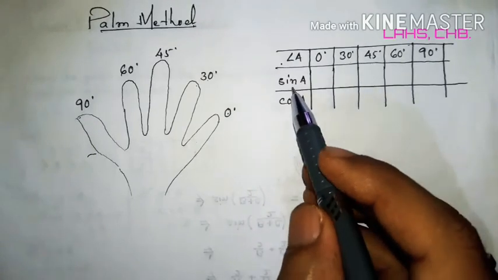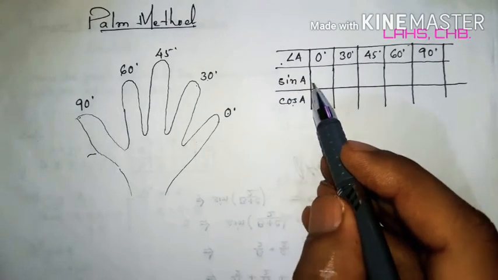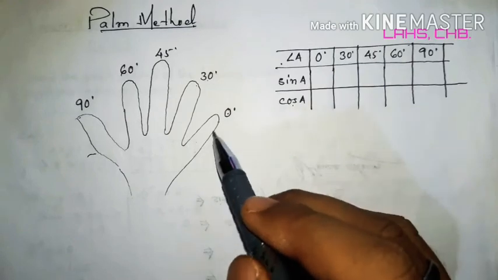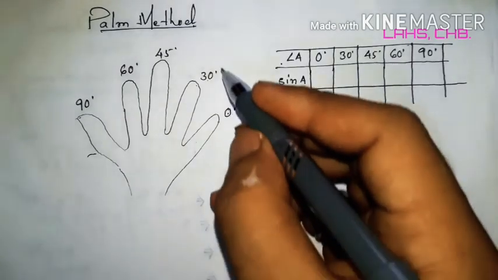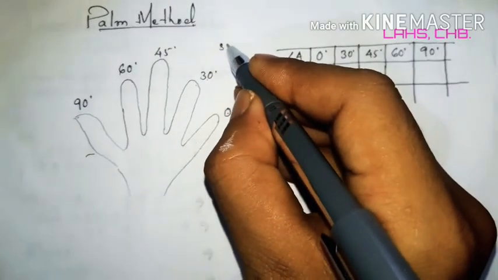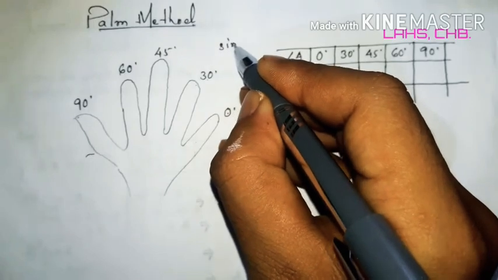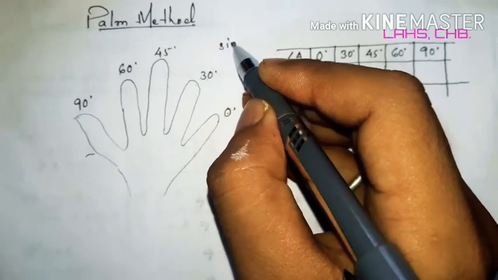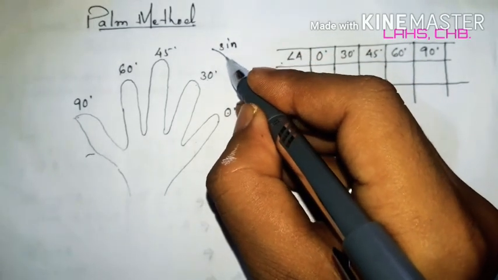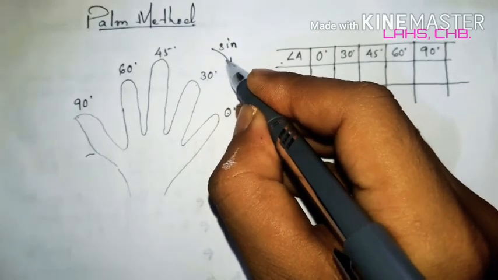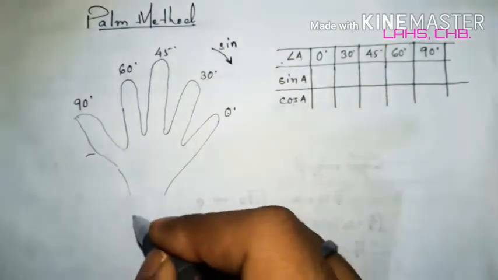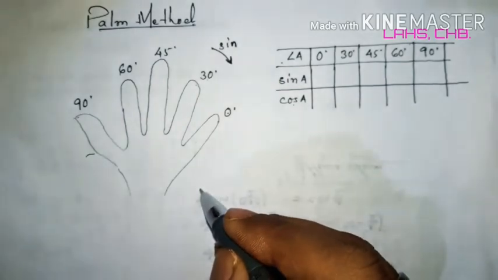So in order to obtain the different values of sine and cos ratios, it is very simple. But remember, while counting the fingers for the sine ratio, you will have to observe the fingers in this direction. It is called the clockwise direction.